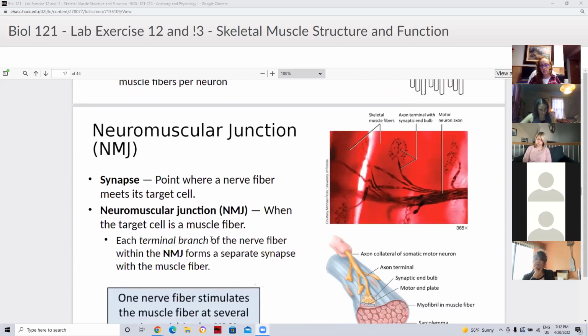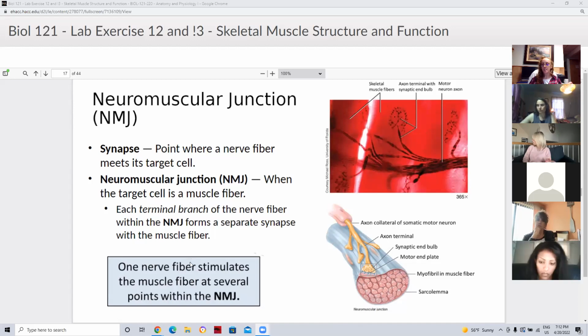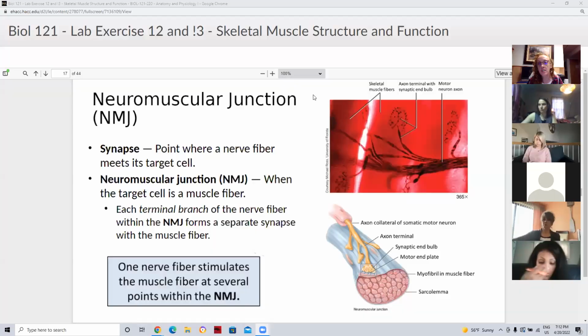So a synapse, like we said before, is this point where a nerve fiber meets its target cell. The neuromuscular junction is the synapse.